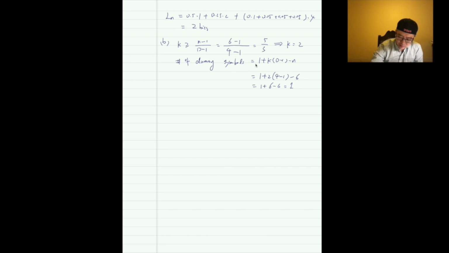Okay, so now let's get started. A, B, C, D, E, F, and G, right? Where G is the dummy symbol with probability 0. Okay, then just copy and paste all the probabilities here. Okay, so it's a quaternary code, right? So every time we combine the 4 symbols with the lowest probability. We just combine these 4.